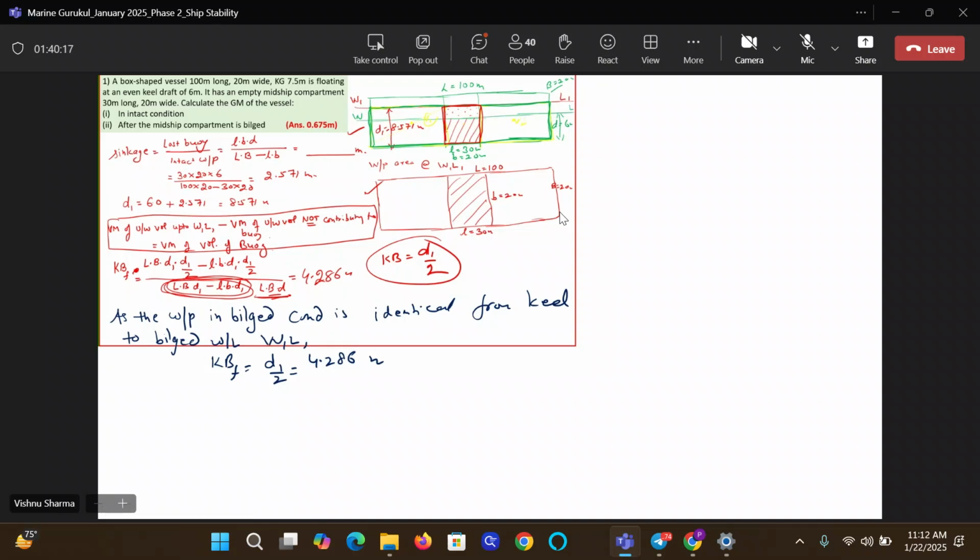Have you understood in which condition KB will be D1 by 2, guys? Yes or no?